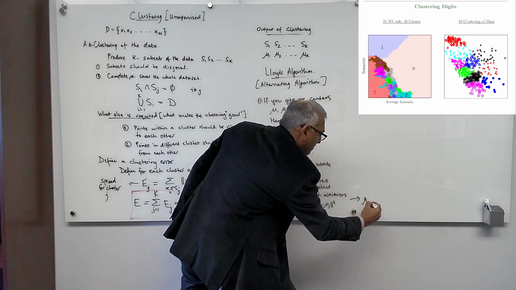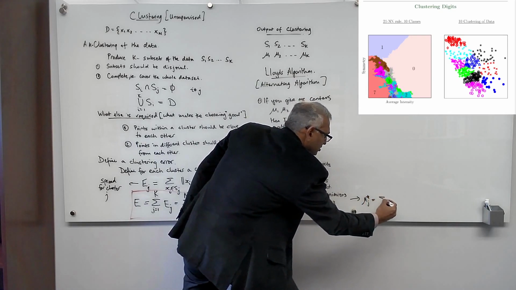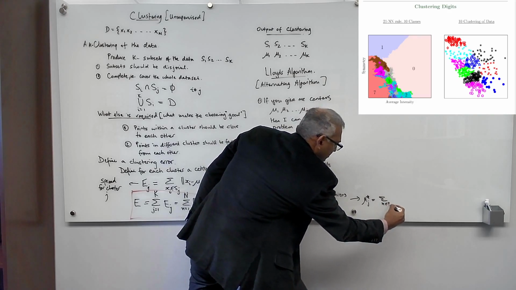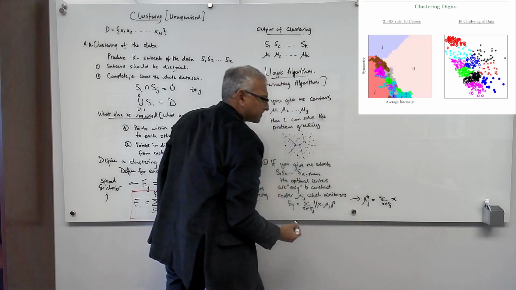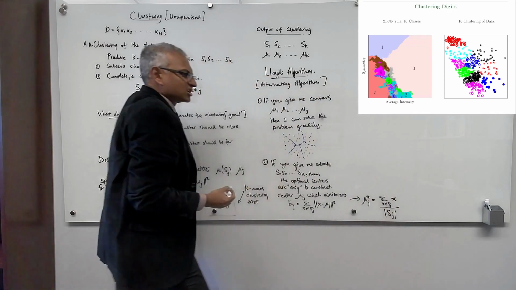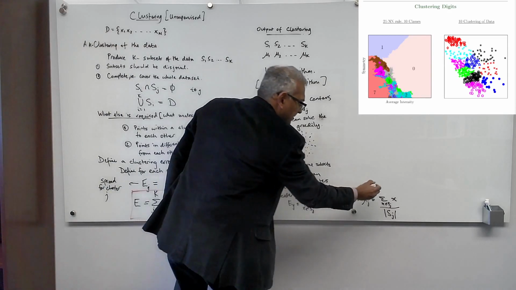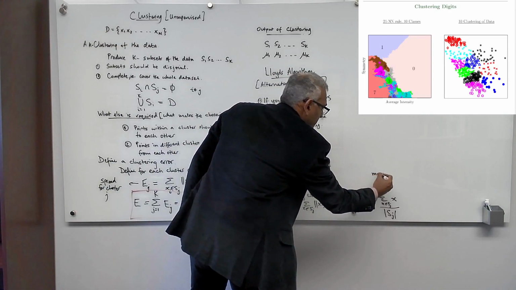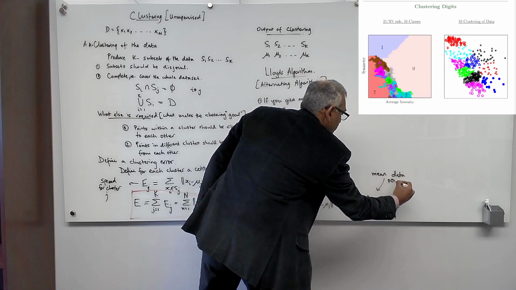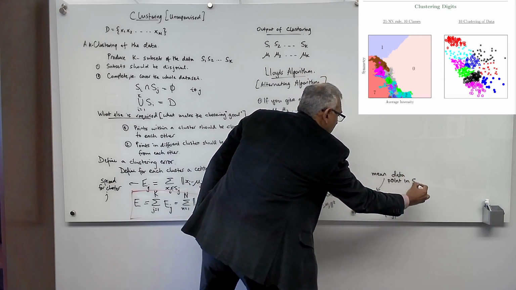So mu j star is equal to the sum of all x in Sj of x, divided by the size of Sj. It's just the mean data point in Sj.